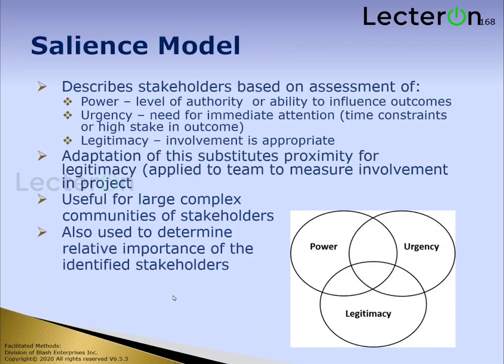Your Salience model, this one looks at your stakeholders just a little differently. And actually, I really like this one for a couple of reasons. First of all, if I'm in an agile project and I've been assigned a product owner, somebody from the business who's supposed to work with me and give me my requirements, I look at this legitimacy and say, are you the right person?